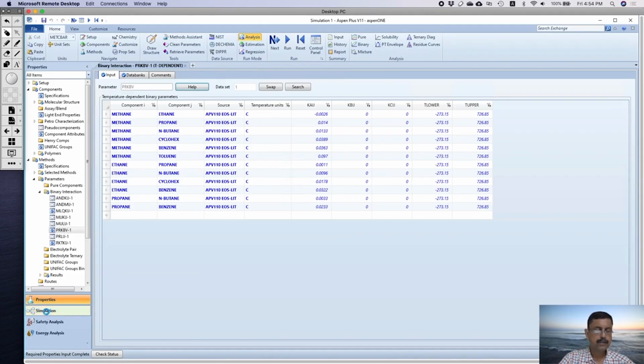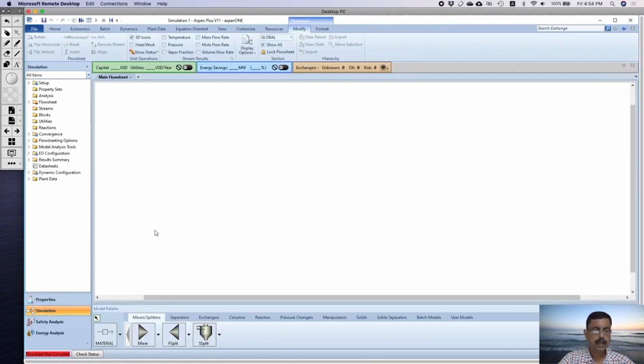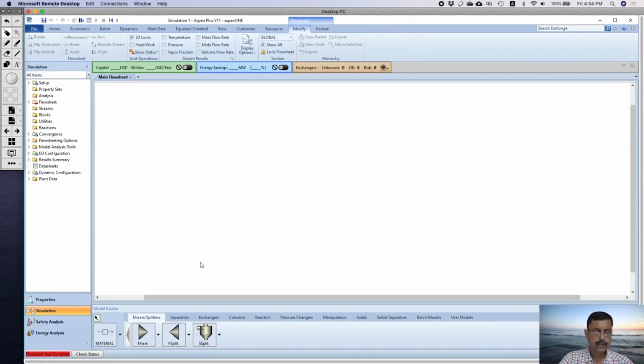So we press simulation environment. It comes here. Now the first simulation, we have to add a heater. Okay, so go to exchanger.